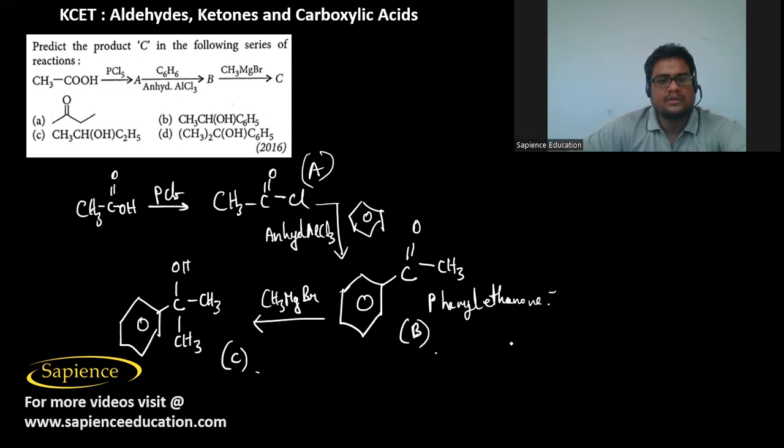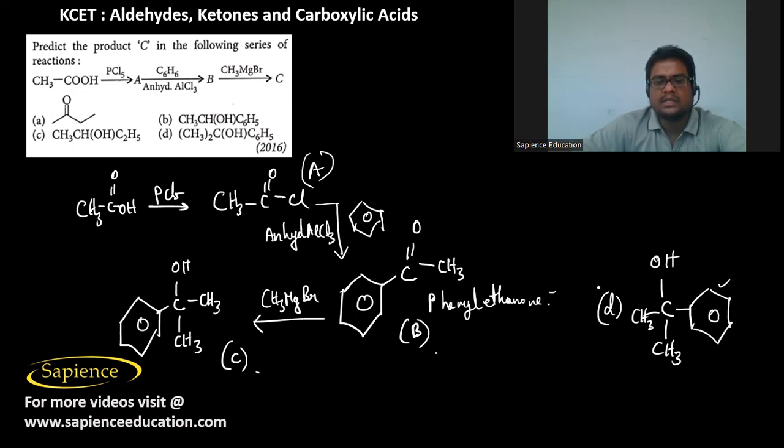So it is obviously option D. Since here this carbon is linked with two methyl groups, one OH group and one phenyl group. So option D is the correct answer.